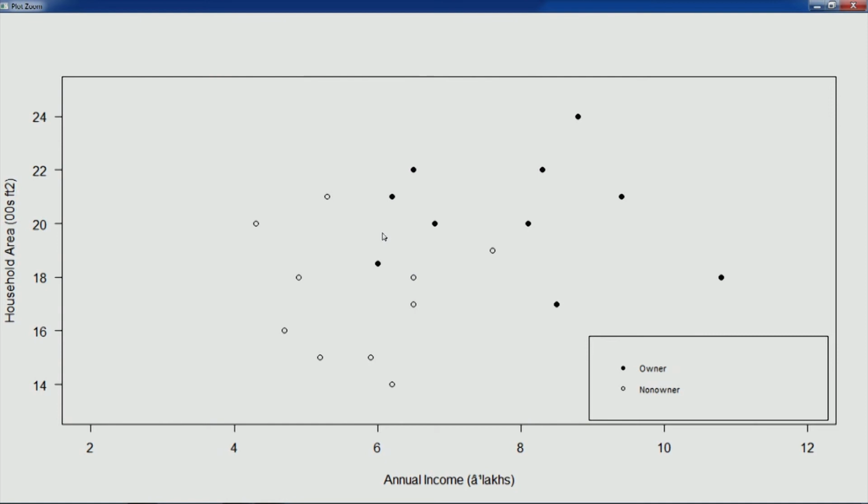If we look at this scatter plot and draw a line somewhere from here to here, you would see we get a good enough separation where only one observation would be misclassified, as we can see here. This is the point that we want to locate. You can see this is between 20 and 22 on the y axis, and between I guess 5 and 6 along the x axis. So our line would come above this particular point.